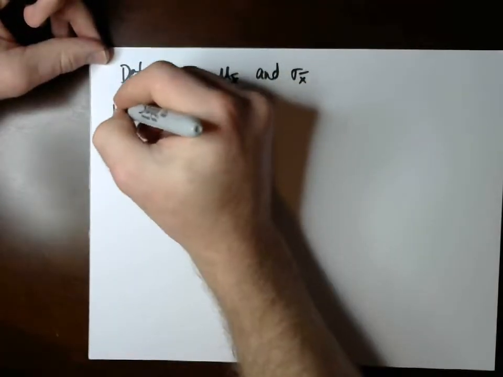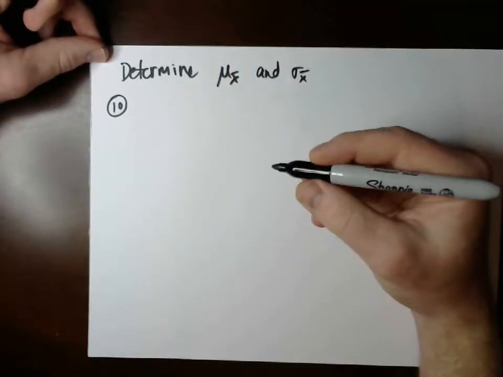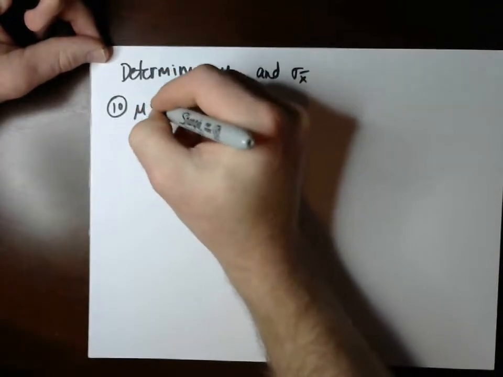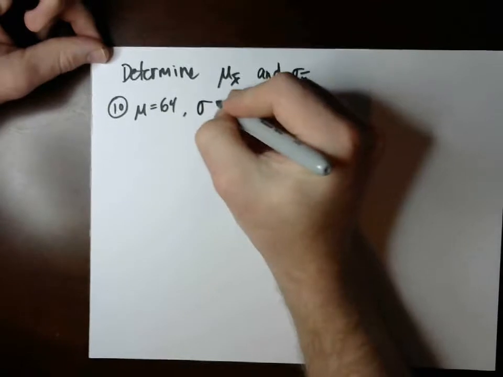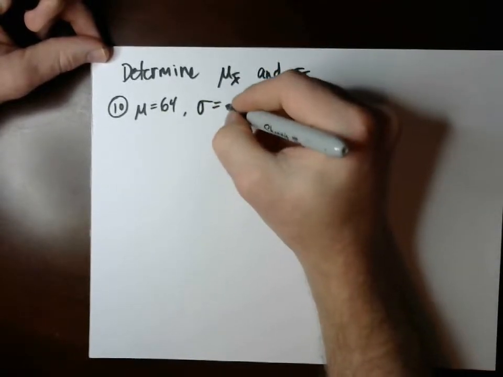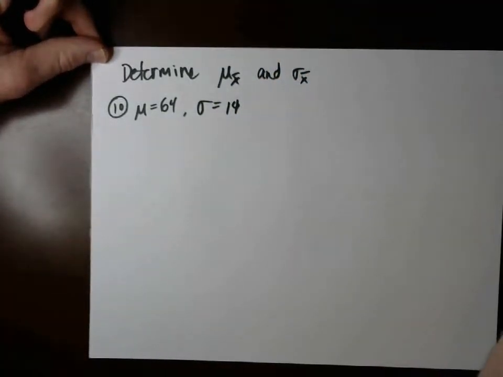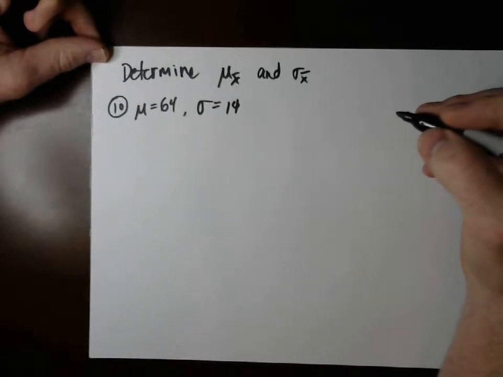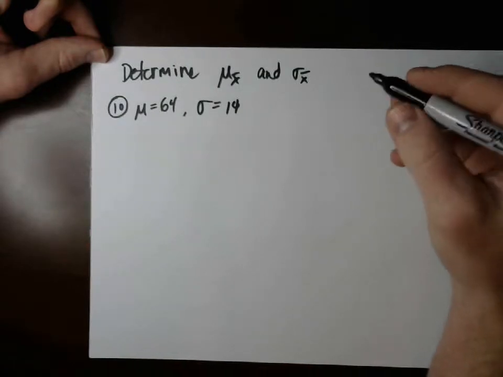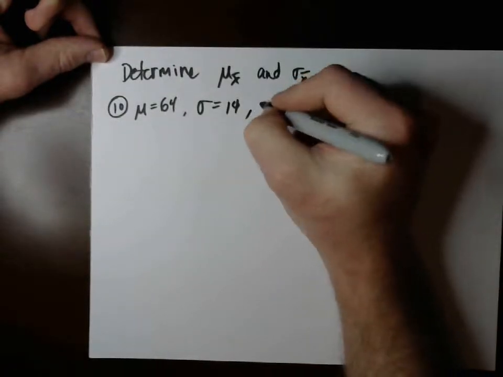In problem 10, we're given that mu is equal to 64 and sigma is equal to 14. Okay? And we also know that n is equal to 36.